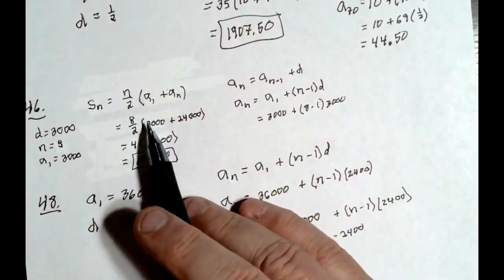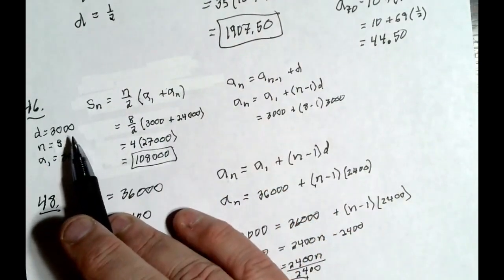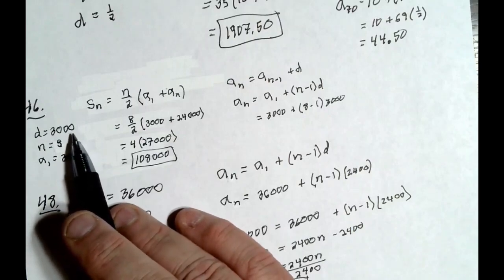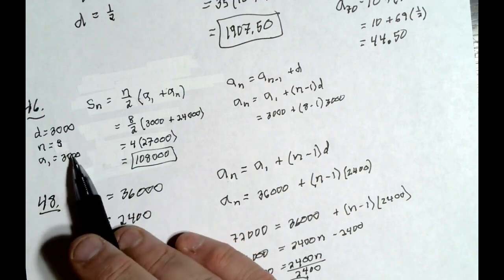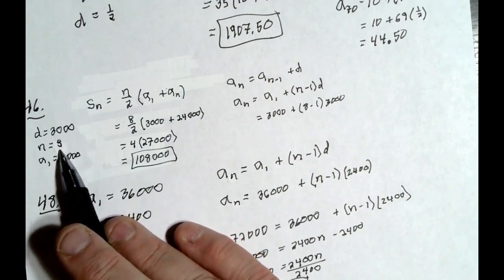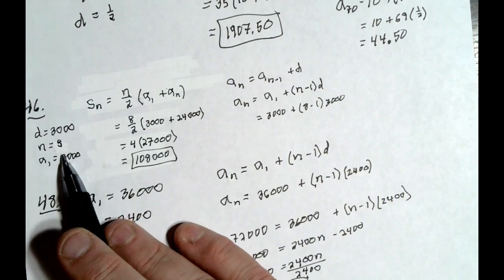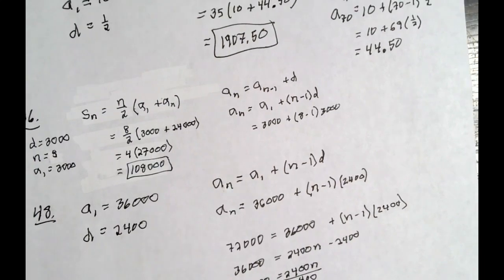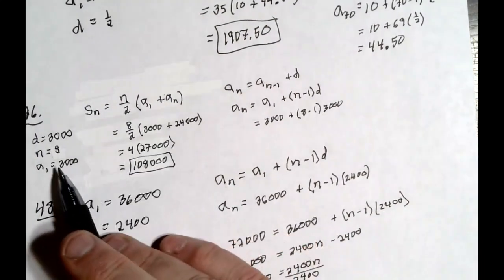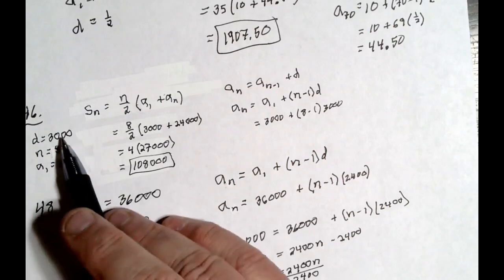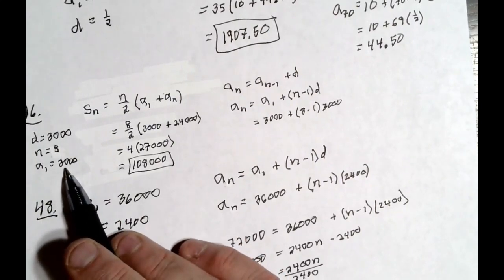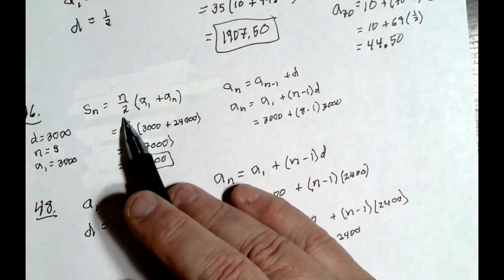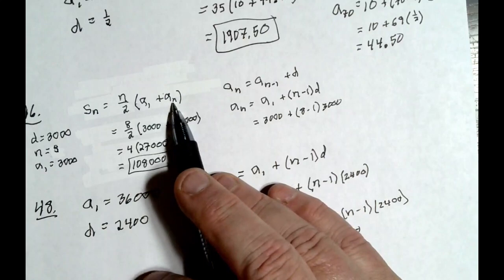Okay, 46. They tell you d is salary increases by 3,000 each year for 7 years, so n equals 8 because there's 8 total numbers. And your common difference is 3,000, and so your first term is the amount that your raise is, 3,000, and so you've got 8 over 2, and the first term plus the nth term.